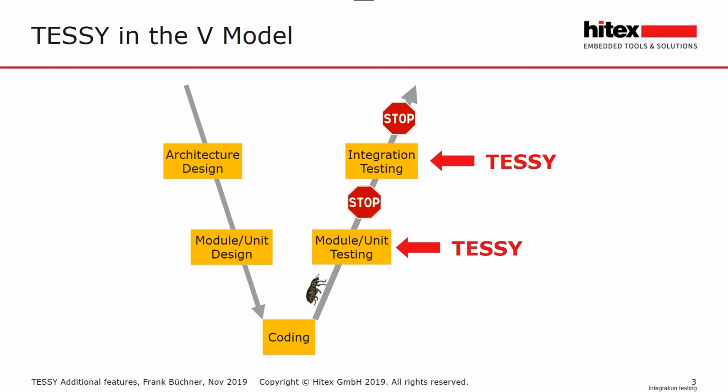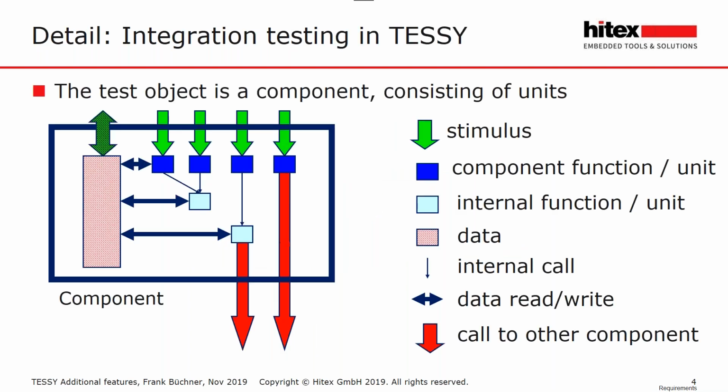You can consider integration testing as having several units together forming a bigger test object, which is called a component in the terminology of Tessy. Inside that, the components are the units and data, and they communicate in some way, and they are stimulated by inputs from the outside, and you can also call other components.